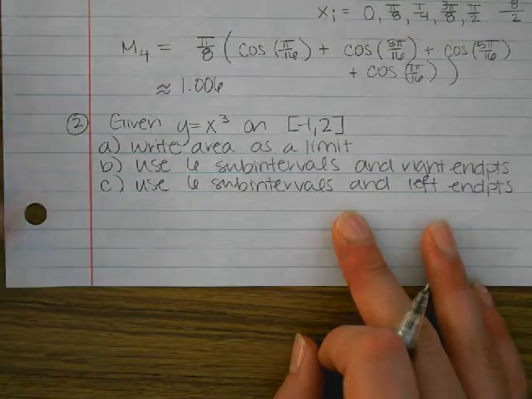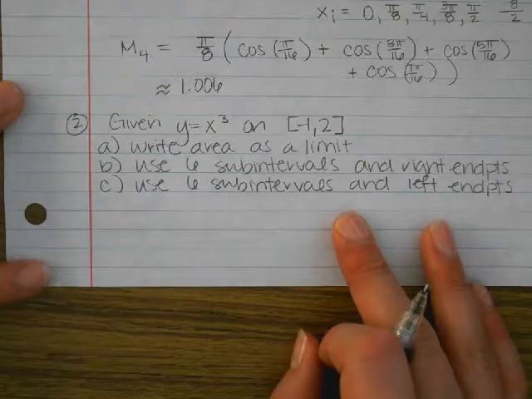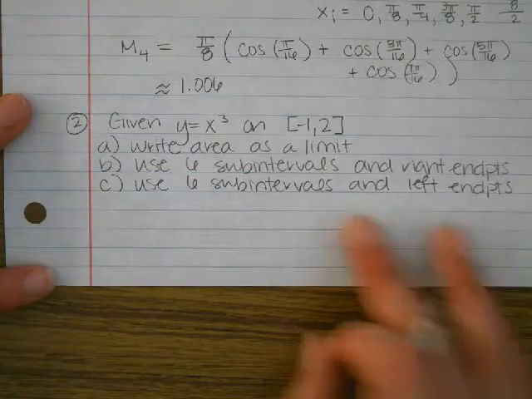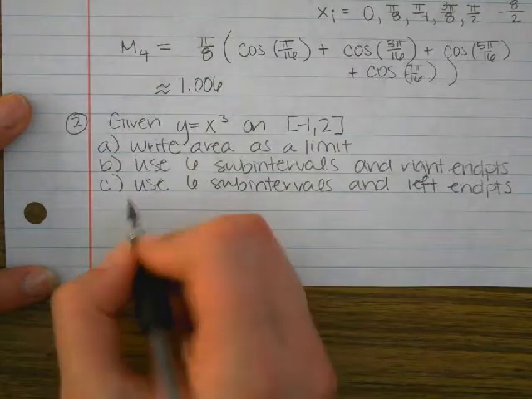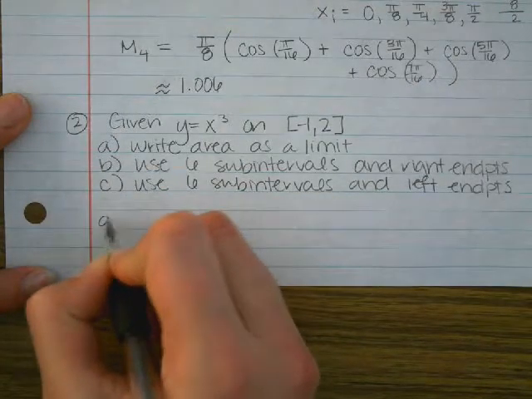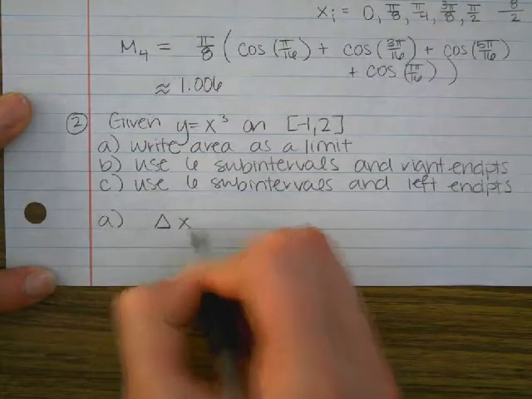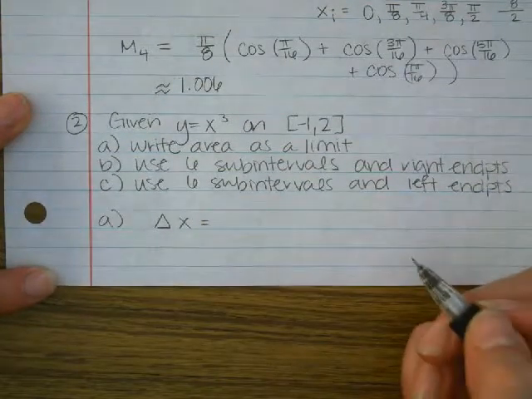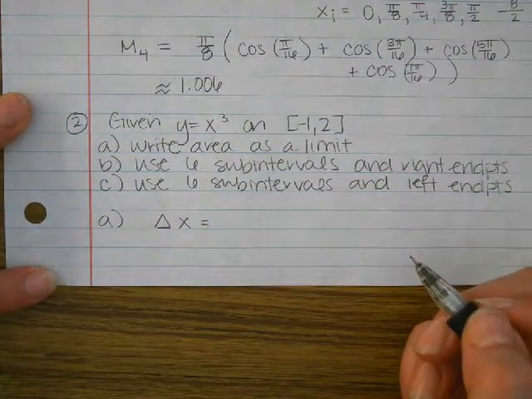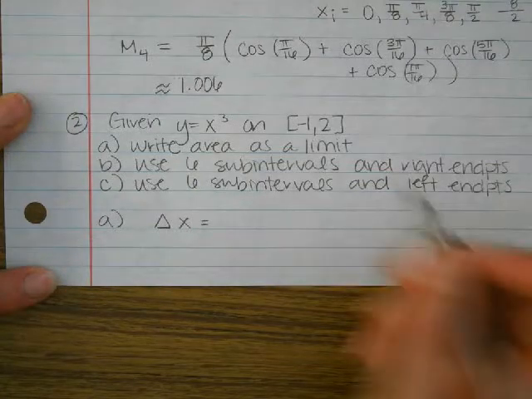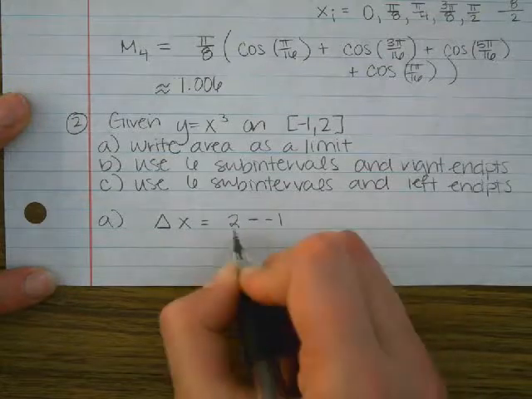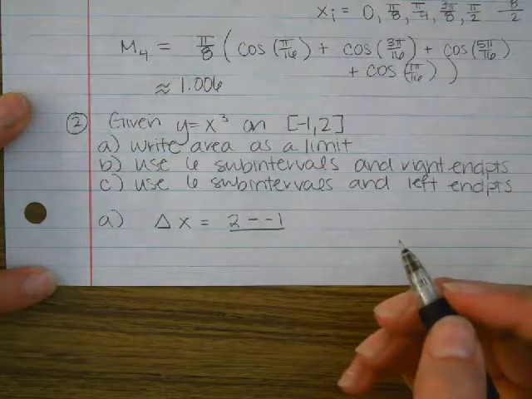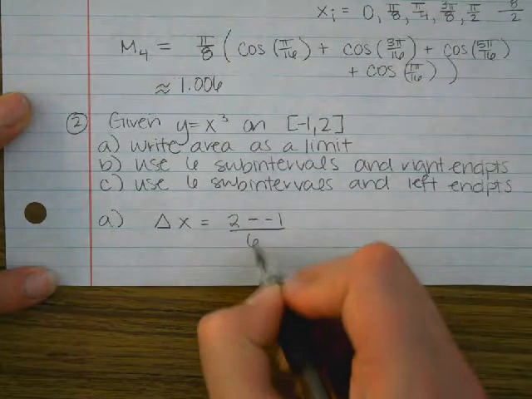Okay. So when we write the limit, the first thing we want to do is find that delta x part. And how do we find delta x? B minus a, so 2 minus -1 over n, and what is our n this time? 6.